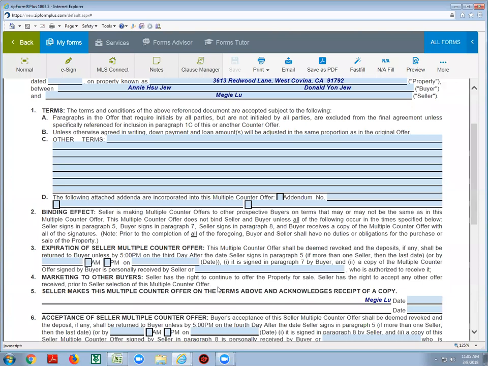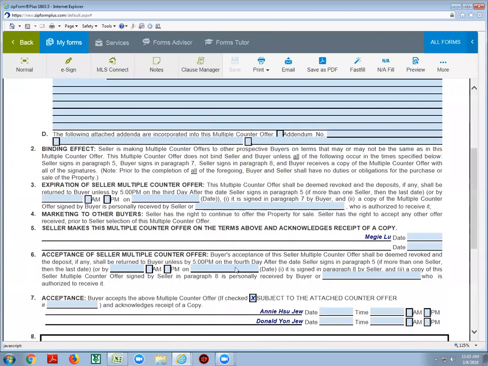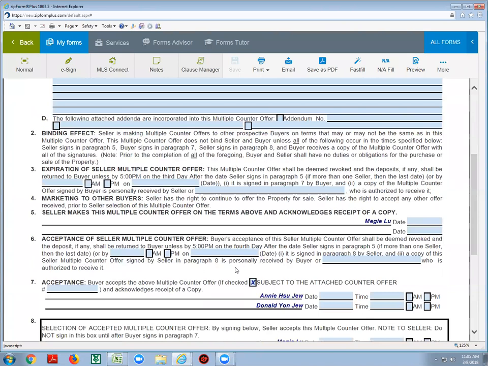Two, binding effect. Seller is making multiple counter offers to other prospective buyers on terms that may or may not be the same as in this multiple counter offer. This multiple counter offer does not bind seller or buyers unless all of the following occur in the time specified below. Seller signed in paragraph 5, right here, okay?